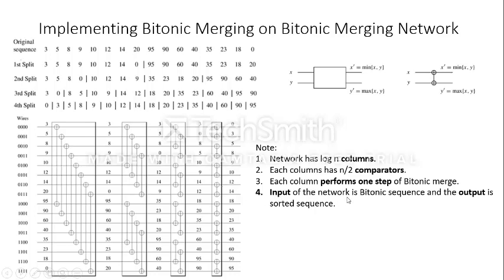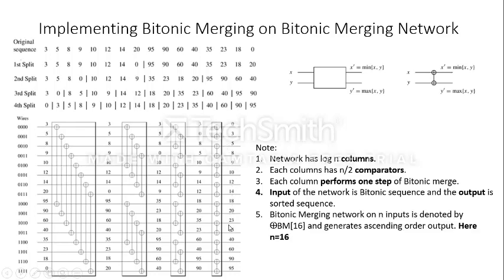So the input of this network is a Bitonic sequence, and then we can generate a sorted sequence. How to convert an arbitrarily unordered sequence into a Bitonic sequence, that we shall see later.